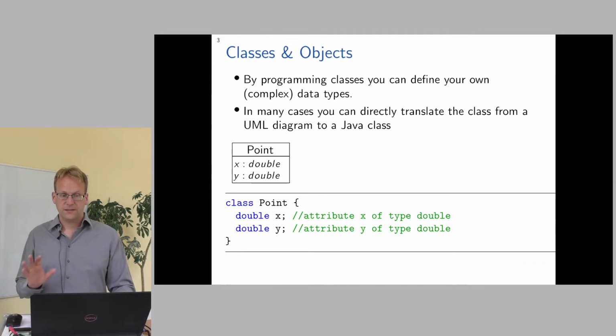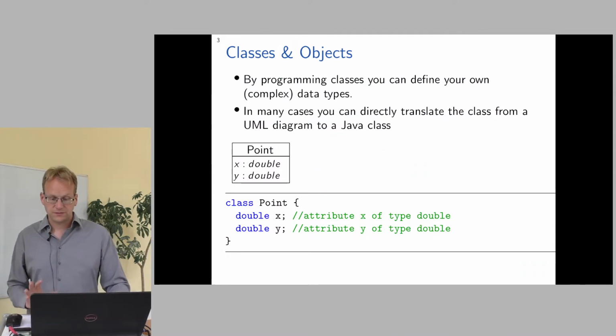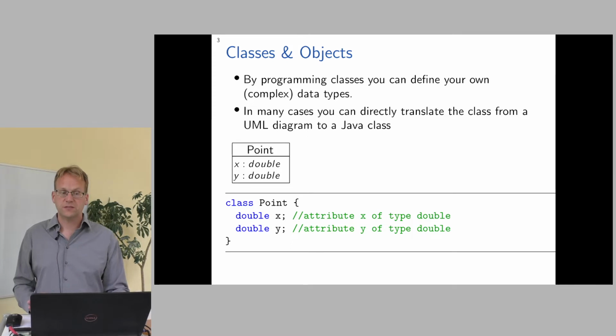Well, just to summarize what we learned so far about classes and objects. We can program our own classes to define our own data types. So, for example, we did this with the class Point.